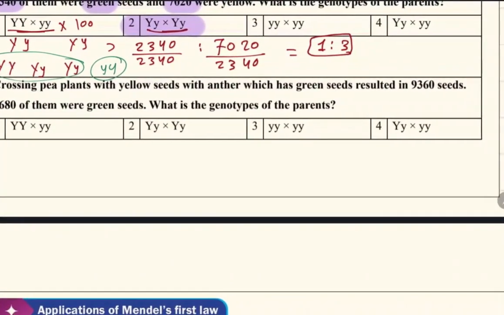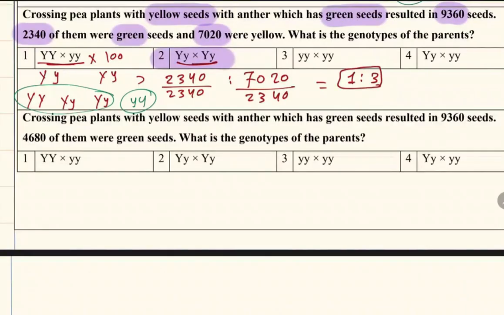Let's look at the second question here. It says, crossing a pea plant with yellow seeds with another that has green seeds, the same question, but here the ratios are different. It says 4,680. Now let's see here. The total amount is 9,360. Of them, 4,680.